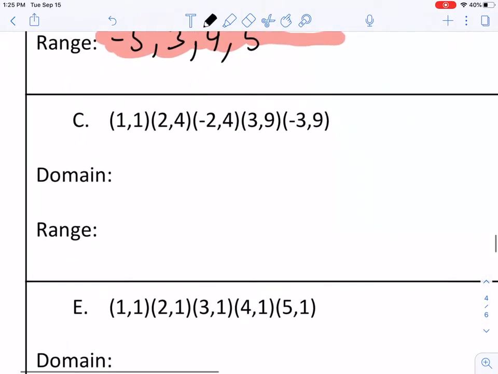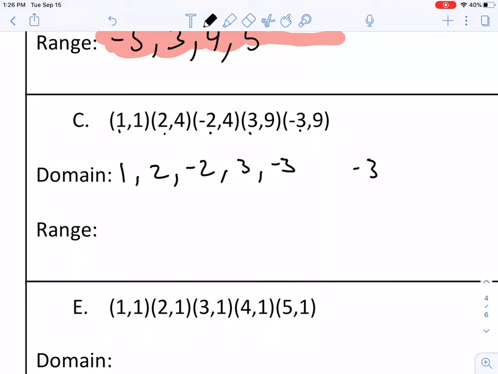Let's take a look at C. Same idea. I'm not going to color coordinate these, so I have my x values of 1, 2, -2, 3, and -3. And then if you wanted to, you could go back and list them in order.